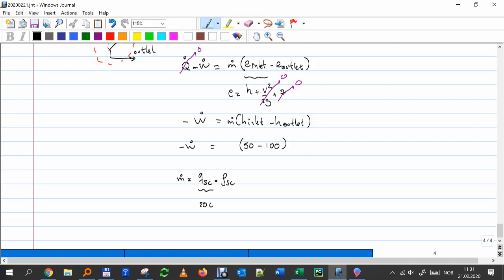So this is 20 e to the 6 standard cubic meters per day, times what is the density of this gas at standard conditions?